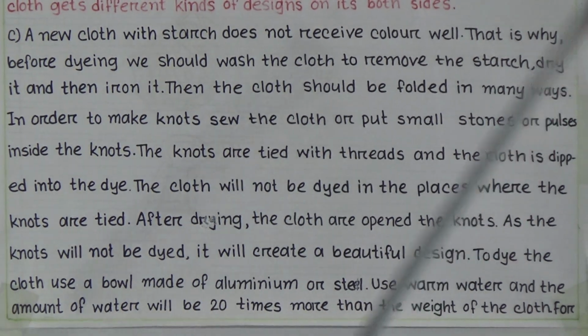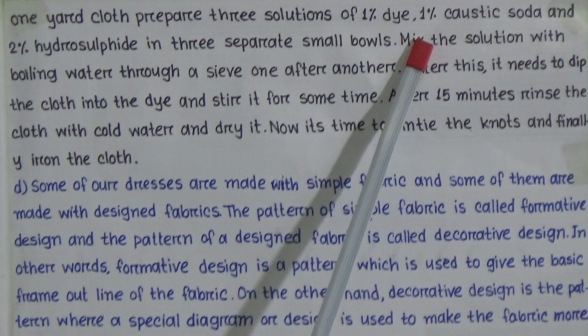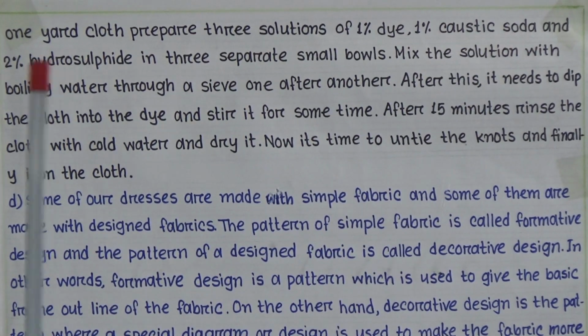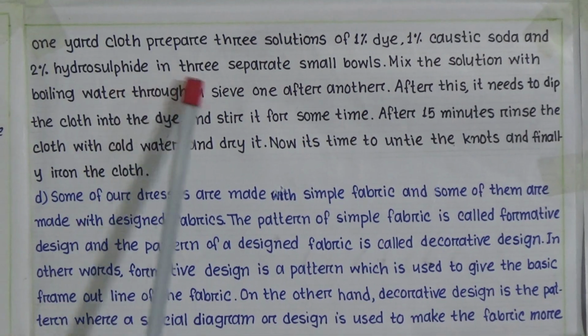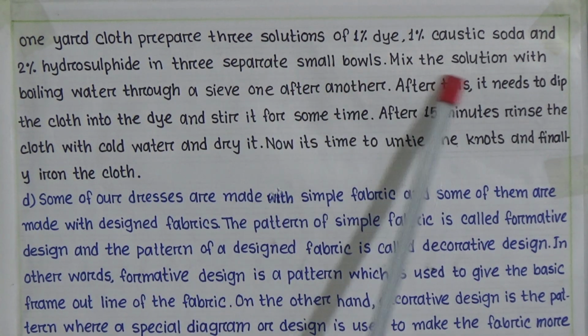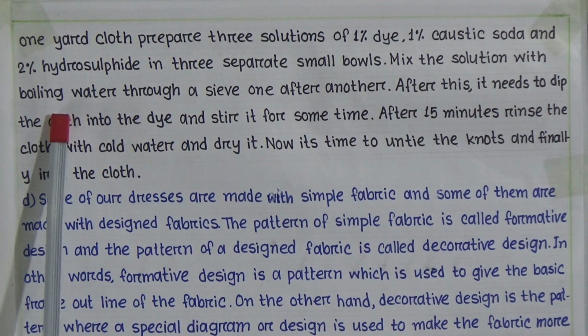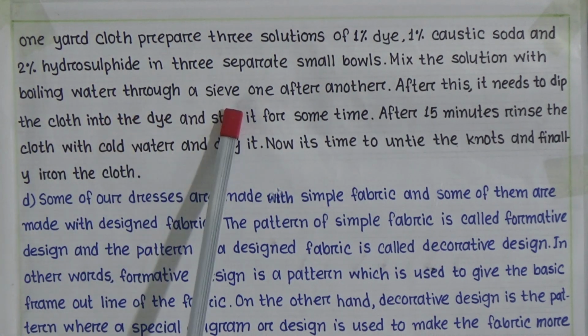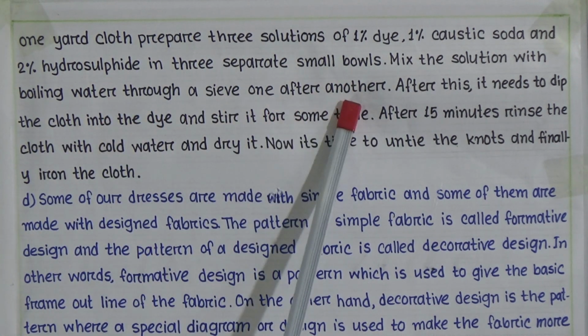For 1 yard of cloth, prepare 3 solutions of 1% dye, 1% caustic soda and 2% hydrosulfide in 3 separate small bowls. Mix the solutions with boiling water through a sieve one after another.